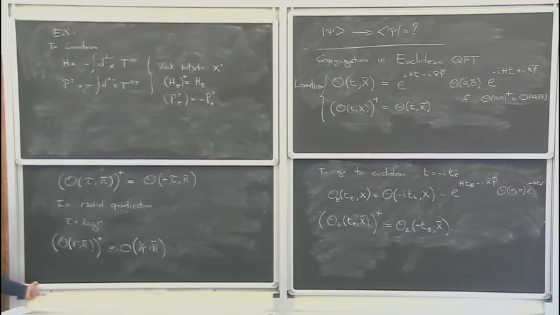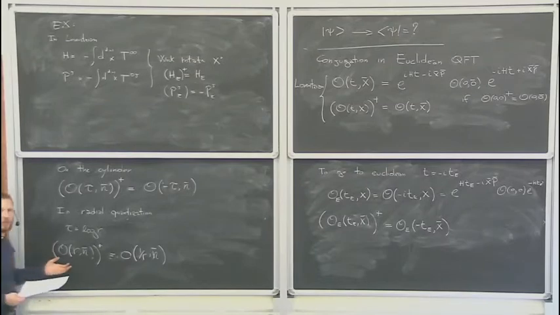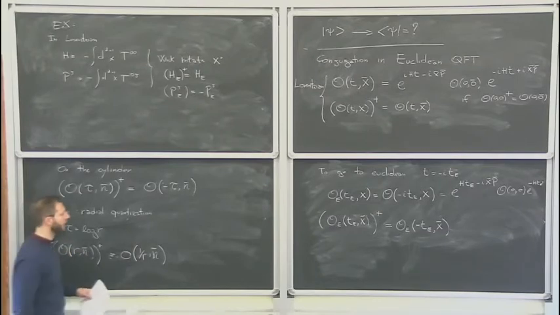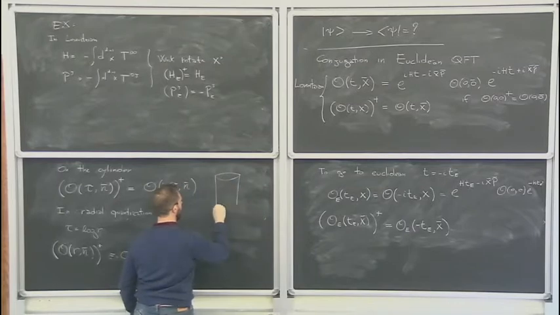So the role of complex conjugation in our radial quantization is played by the inversion. Okay? And you can simply visualize this with a picture.